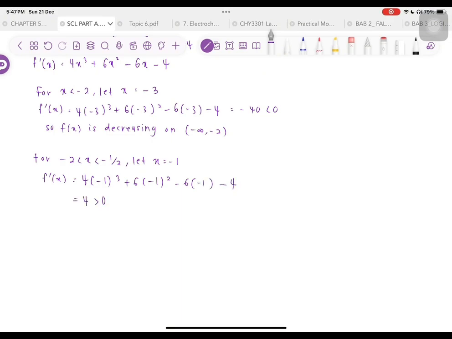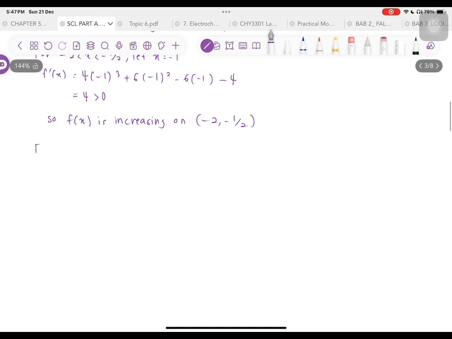And we will get 4, which is more than 0. So the function is increasing on (-2, -1/2).